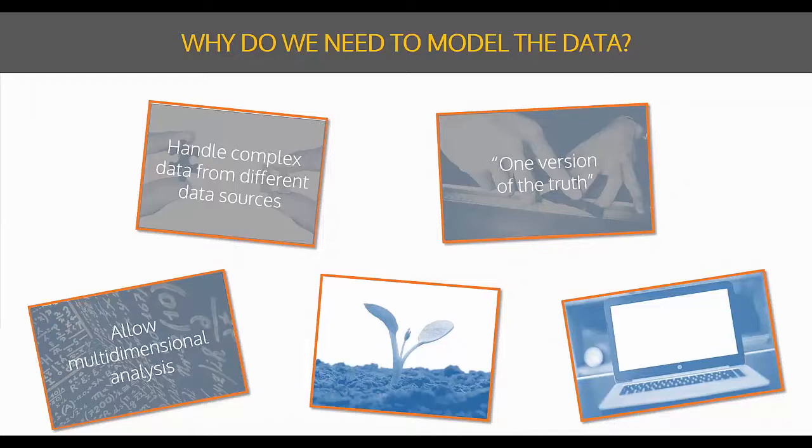Another motivation is to support scalable analytical requirements. So maybe in the beginning we need our BI only for the finance team, but eventually we want to scale it and involve our HR team, our customer success team.